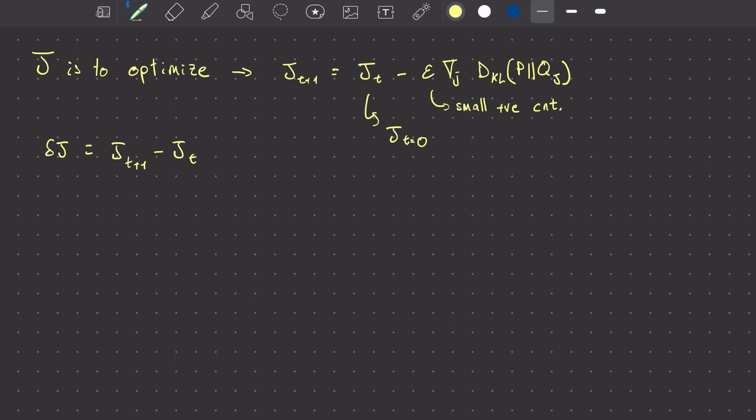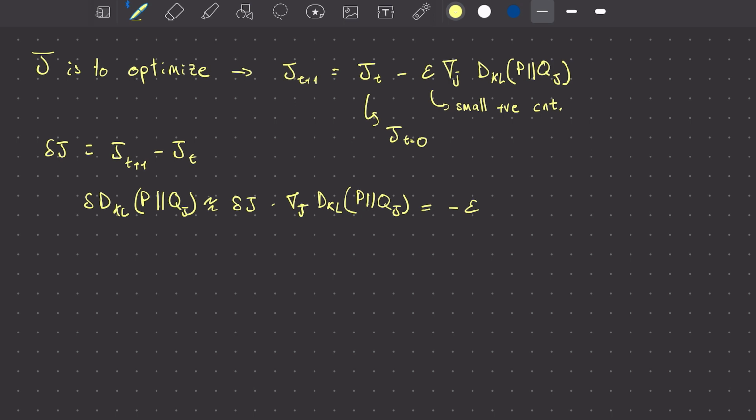then the change of the KL divergence is simply, again, a small change, approximately equal to the small change in j, times the gradient with respect to j of the divergence, which is equal to minus epsilon, because it's a small positive constant, and that is also delta j.